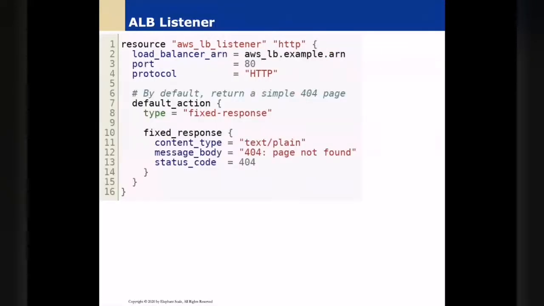Okay, so the ALB listener, it needs to know how to measure what's going on its instances. So it says, I'm accepting traffic on port 80, for example, and my actions are fixed response. So the response is text plain, and it should say page not found, because otherwise I'll give the code of 404.